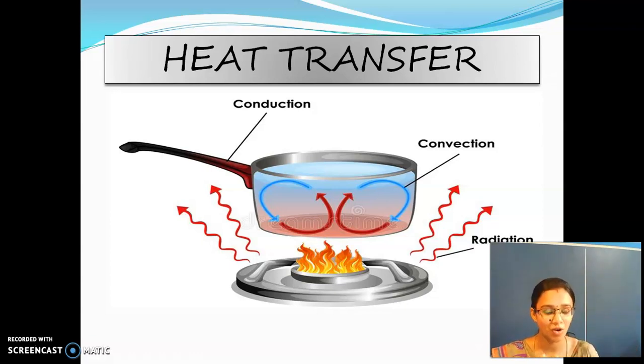Listen, hot water has lower density, cold water has higher density. So, due to this density difference, the cold water comes down and the hot water goes up. This process is called convection.